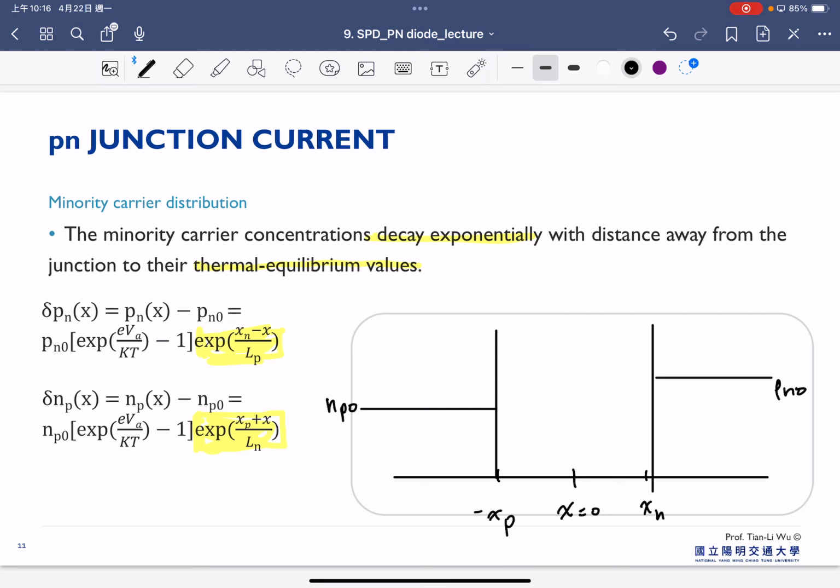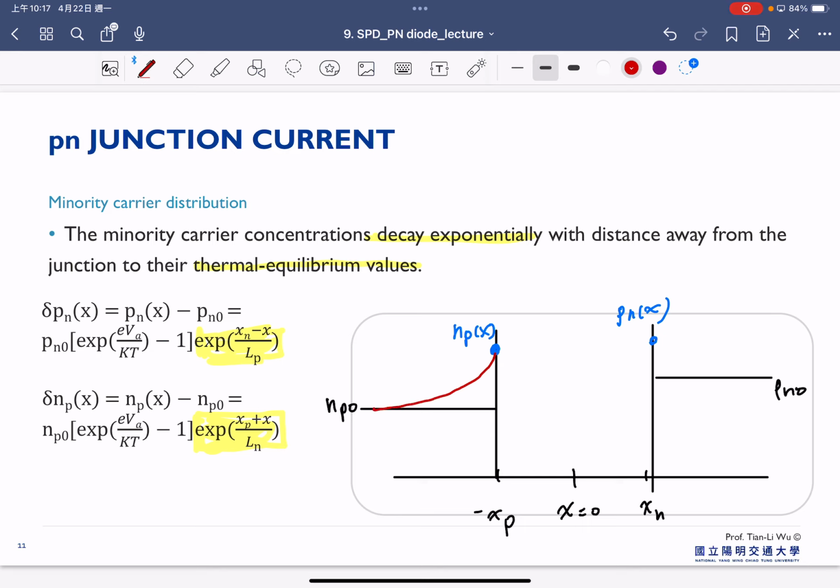And right now, this one is our minority carrier at the boundary, which is np(-xp), and this is the minority carrier at xn here. So now, based on the equation, we can understand we have the exponential decay here.